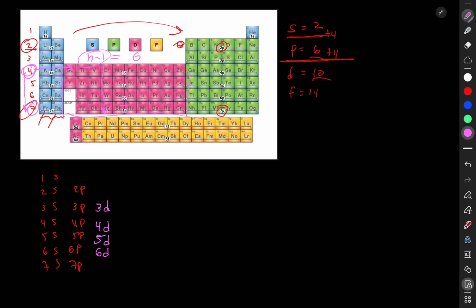And the last one is the F block, which is this one. If you notice, you start in 5. Oh, sorry about that. Not 5. Start at 6. So imagine that this one is here. You start at 6. Well, your F block is n minus 2.